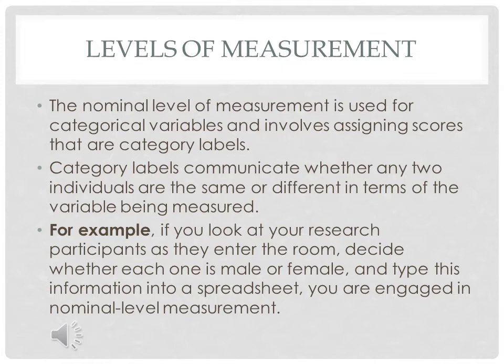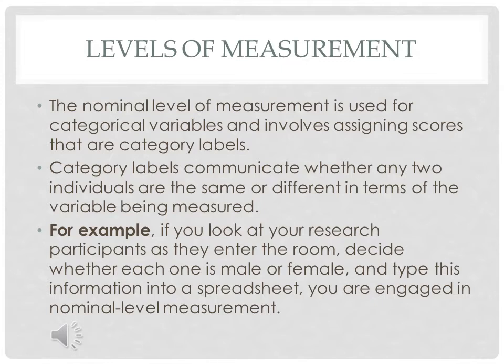So the nominal level of measurement is used for categorical variables. The variables can be categorized only into a single group, and this involves assigning scores known as category labels.